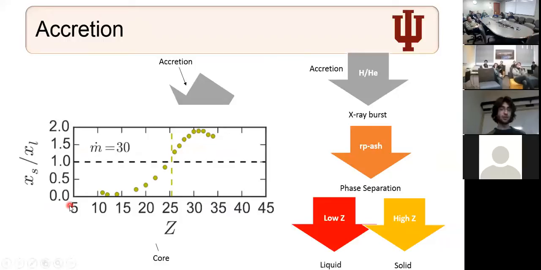So in this plot, what they're showing you here is the ratio of the abundance of an ion in the solid as opposed to the liquid. And what they see is that for this accretion rate of 30 Eddingtons, you have this enrichment of the high Z material in the crust with the low Z material staying in the liquid. That's essentially what this plot is showing. And that agrees with the conventional wisdom.